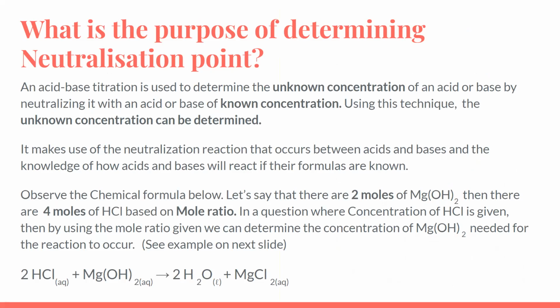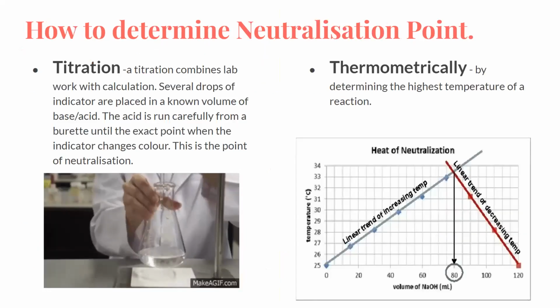So it says, I have the known concentration of this acid, but I do not know how much this base is. I don't know what concentration this base is. So let me run some base into this acid and find a neutralization point, right? When I take the volume of the base that I have run into the acid, like this, so you're seeing some base dropping into the acid.